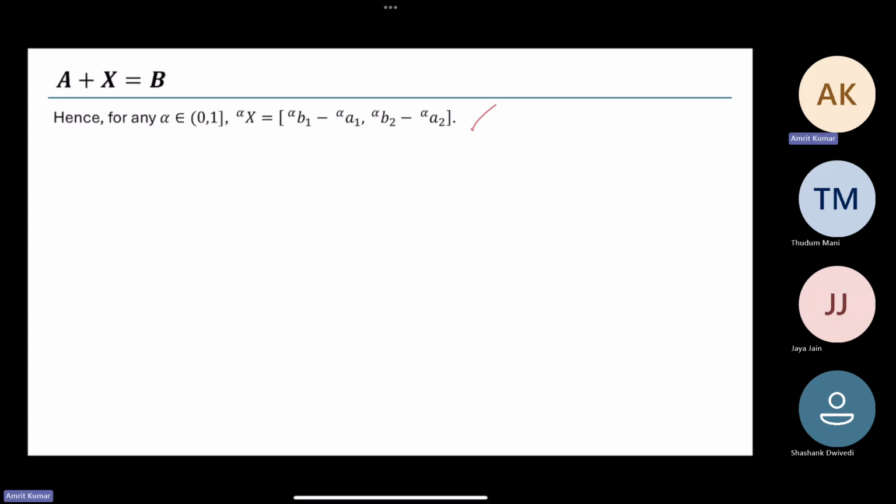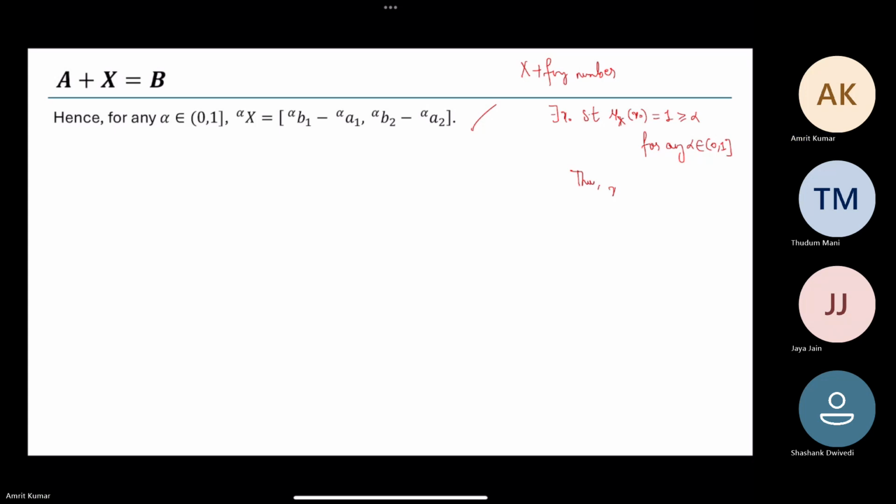Now, we know that X is a fuzzy number, and any alpha cut of a fuzzy number is non-empty. And I hope that is clear to you, because X is a fuzzy number, which means it is normal. Therefore, there exists X naught such that mu X of X naught is 1. And 1 is greater than or equal to alpha for any alpha greater than 0.